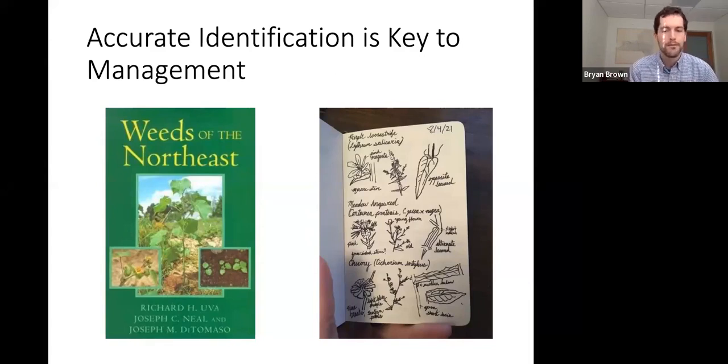For folks that are pen and paper people, old fashioned like me, I like having my Weeds of the Northeast handbook ready, and you can buy that online a few different places. I like to keep a little notebook with some special features about each weed: the leaf shape, the flower shape, the overall plant structure, and maybe some notes on management.